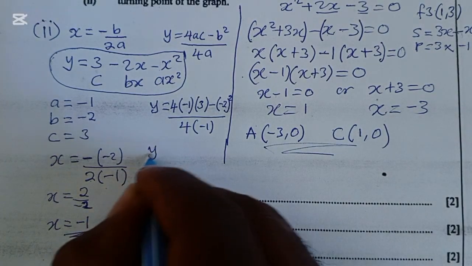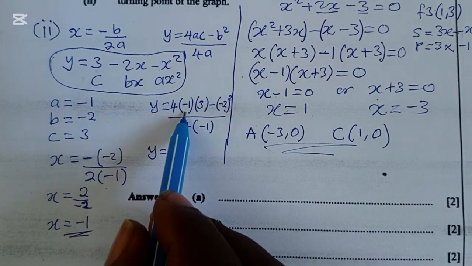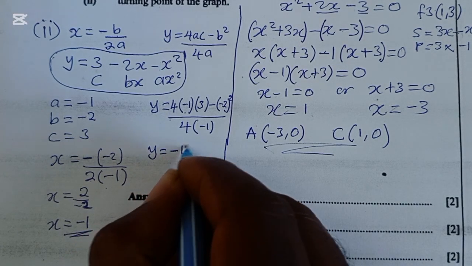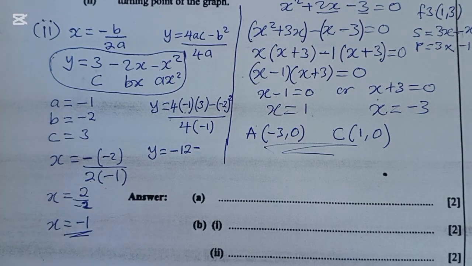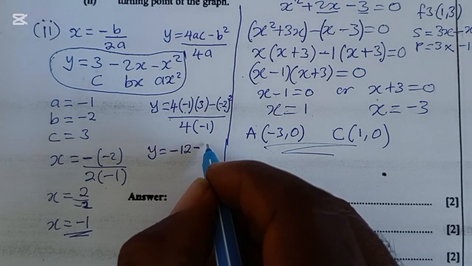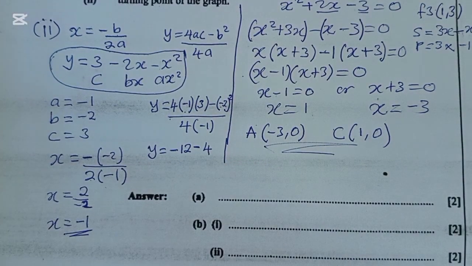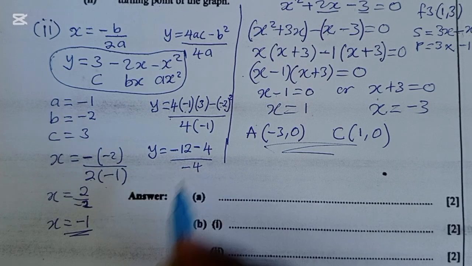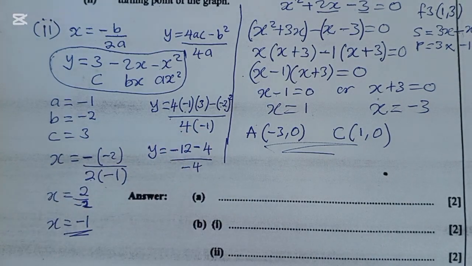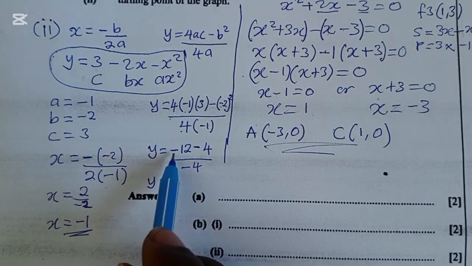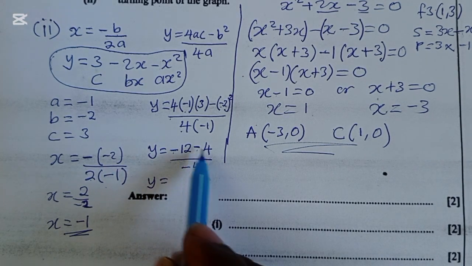So y is equal to 4 times negative 1 times 3, it is negative 12, minus negative 2 squared, that is positive 4, over negative 4, which is 4 times negative 1. So y is equal to negative 12 minus 4.